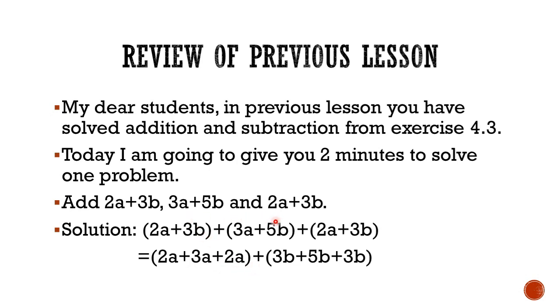Plus 3b plus 5b plus 3b, b and b, they are similar terms, my dear. Numerical coefficient is not our problem. We will see only terms. So if we add 3 2s are 5, 5 2s are 7, because all the signs are positive in here. After that plus, all the signs are positive in here, it would be 11b. So 7a plus 11b, this is our desired answer.